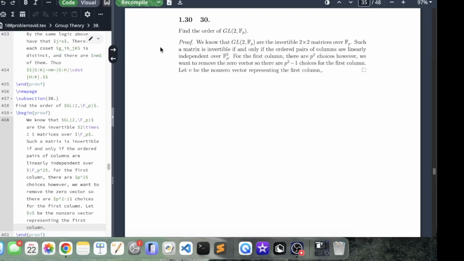Okay. And we want a linearly independent second column, essentially.